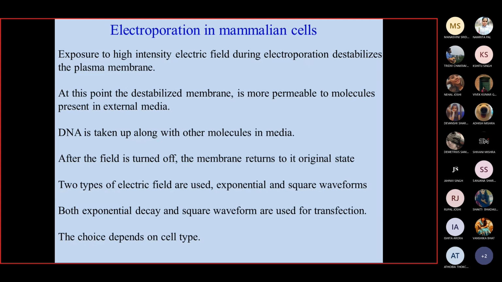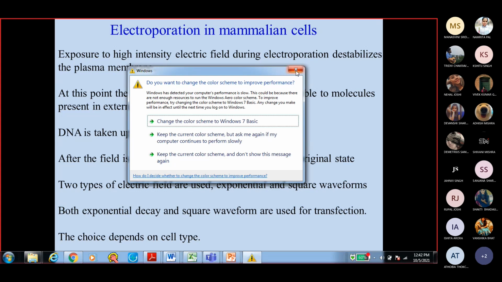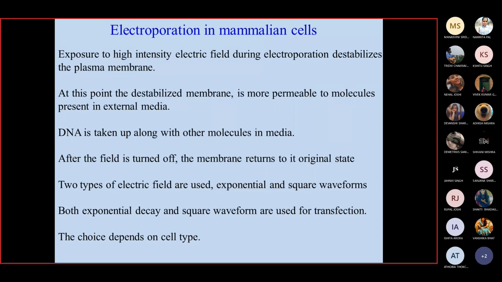That means these are going to be extremely brief pulses. For example, I said that we give heat shock to E. coli for anywhere between 30 seconds to 90 seconds, right? On the other hand, in mammalian cells, when we are doing electroporation, these are of the order of a few nanoseconds.